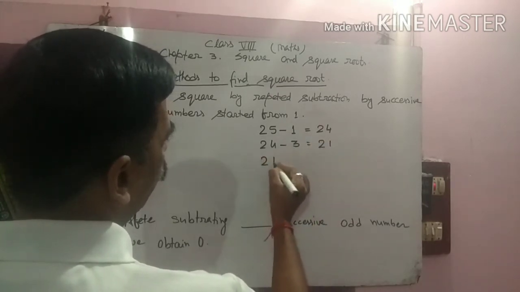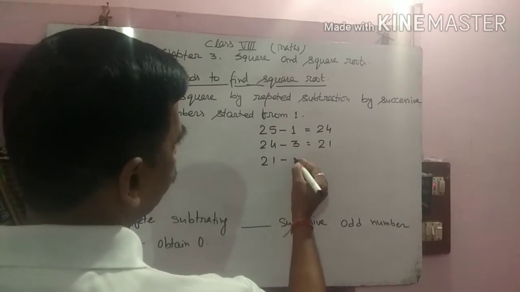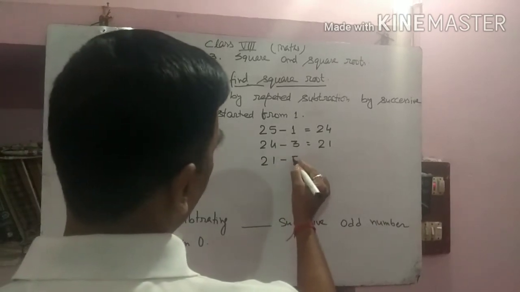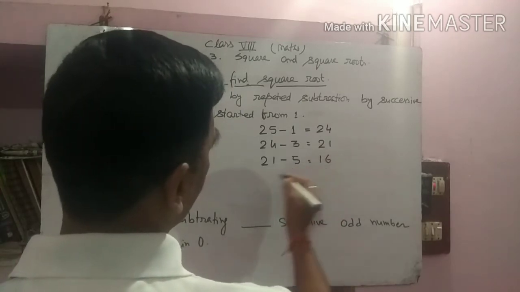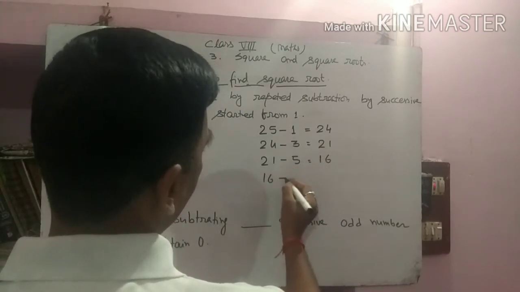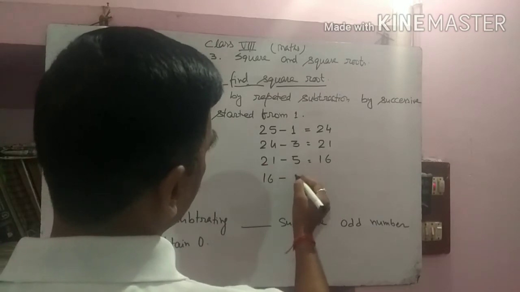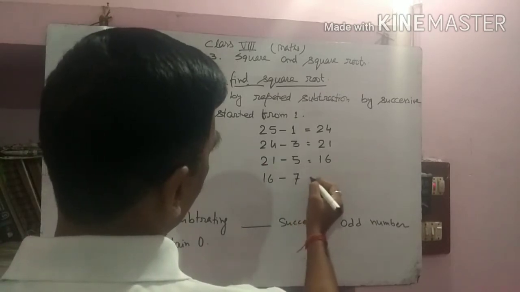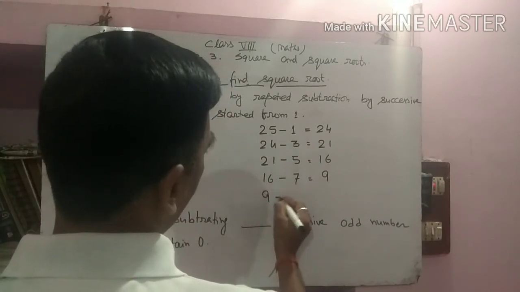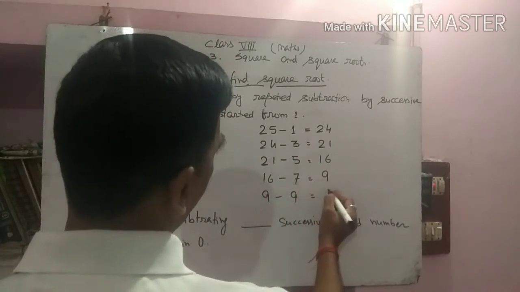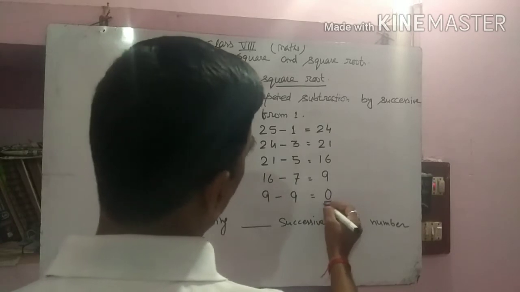Then 21 minus 5 gives 16. And 16 minus 7 we get 9. And 9 minus 9, finally, we get 0.